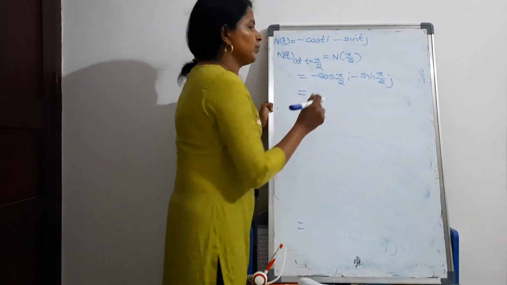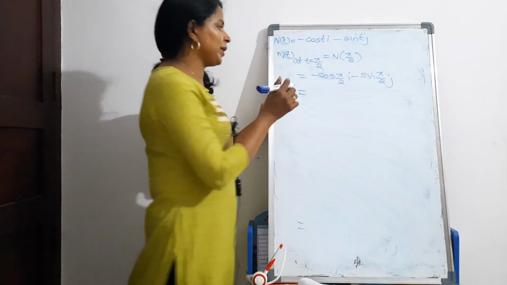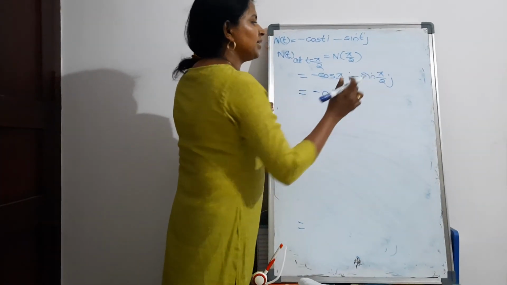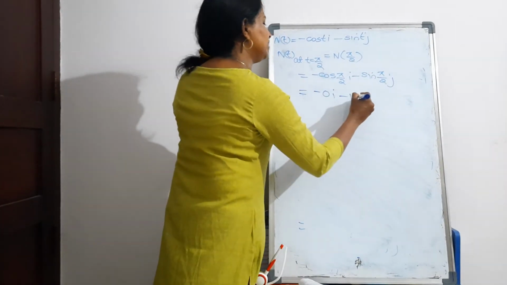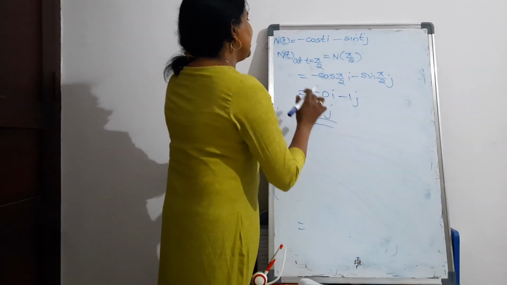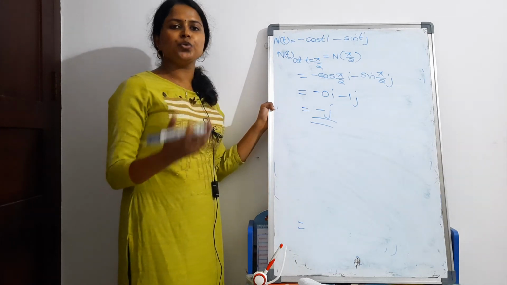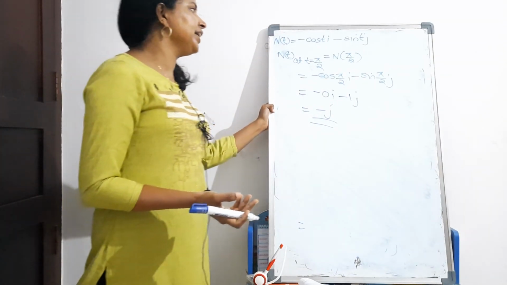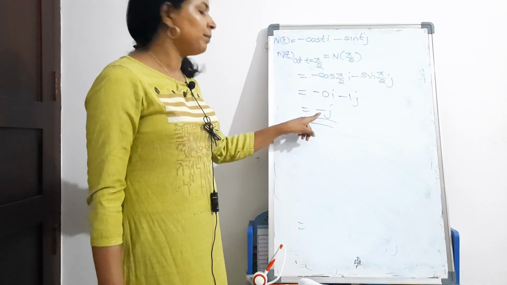Cos 90 is 0 and sin pi by 2 is 1, so that is minus j. So N of t, that is the unit normal vector at the point t equal to pi by 2, is minus j.